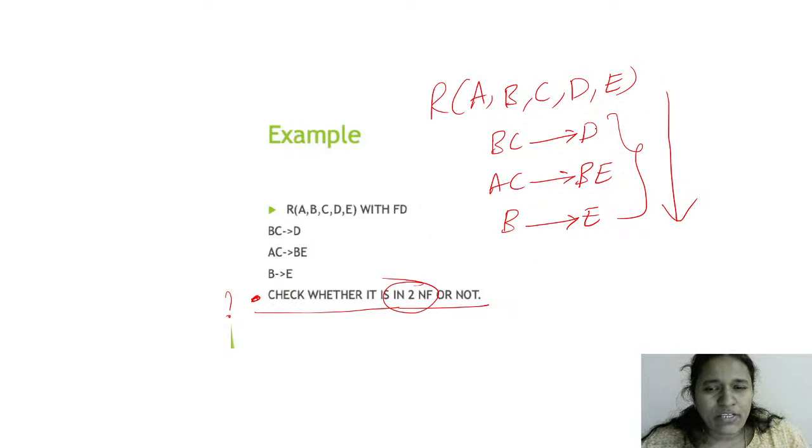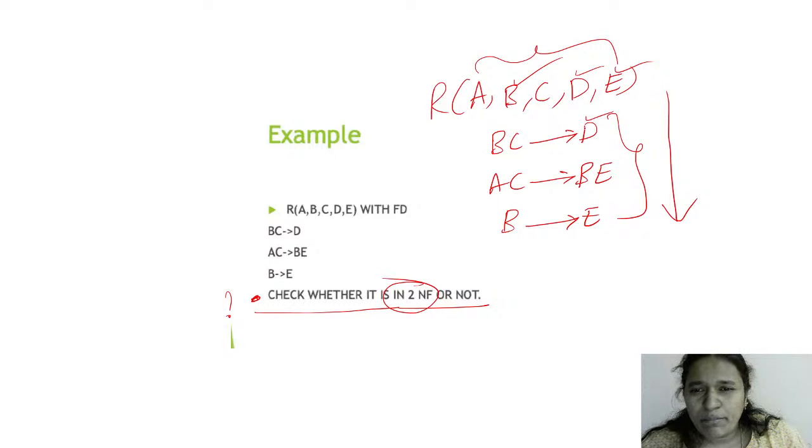And first you have to check the right hand side, and see which attributes from the given relation are not present there. Here D is there, E is there, B is there. A, C is not there in the right hand side.